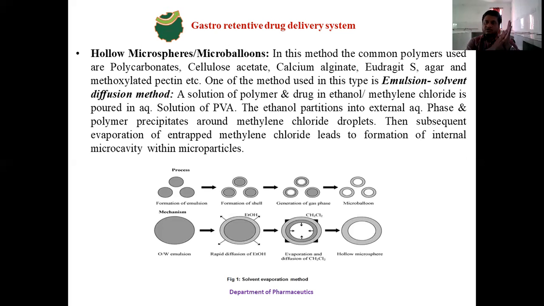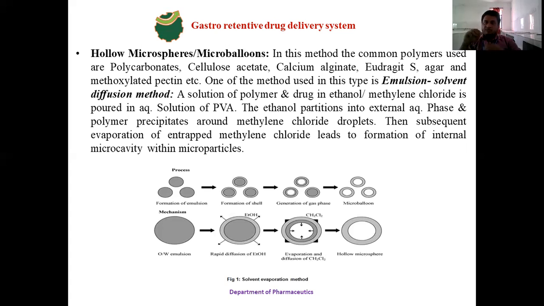What remains is the drug and the methylene chloride, which will make a droplet. So the continuous phase is the aqueous system having the polymer, and the droplet is a methylene chloride droplet having the drug.